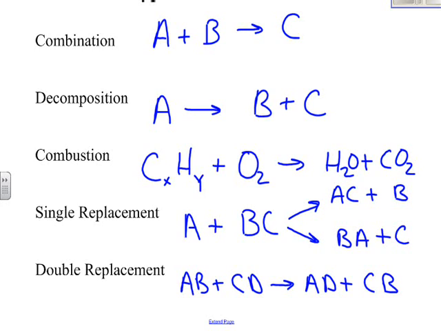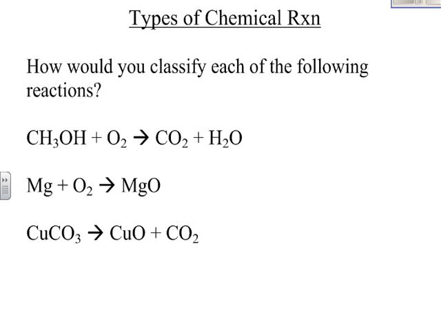Now the final two, single replacement and double replacement, we're going to be going over those in more detail in Chapter 4. So we'll take a quick look at combination, decomposition, and combustion. So on your own, just take a moment to classify each of the reactions here that are in front of you and bring your answers to class.